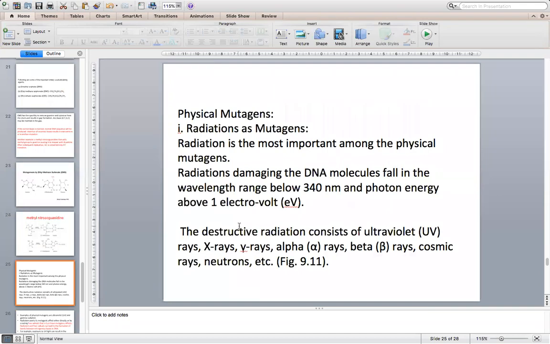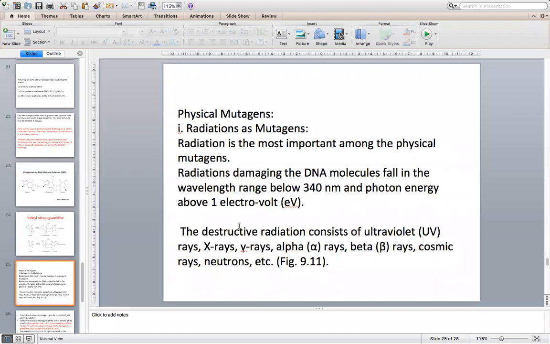And we will go to the physical mutagens. The very important physical mutagens are the radiations. In our lab we are also doing this, using 254 nanometers. Radiation mutagens have a wavelength below 340 nanometers and a photon energy level above 1 electron volt.